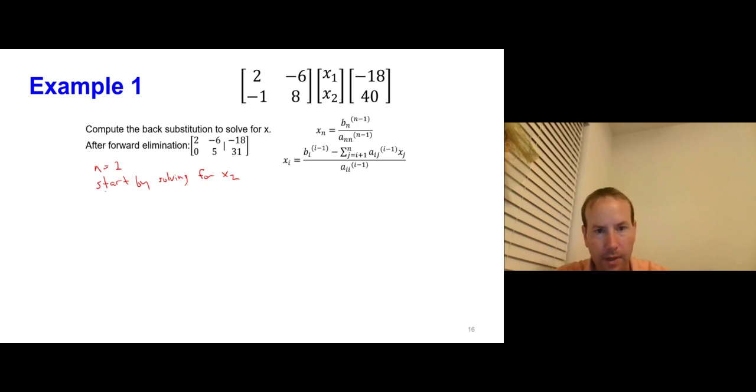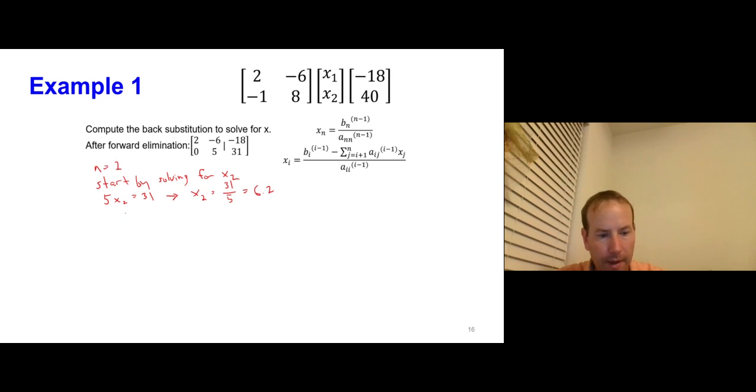That last equation is 5x2 equals 31, and we can rearrange that to say x2 is 31 over 5, which is 6.2.